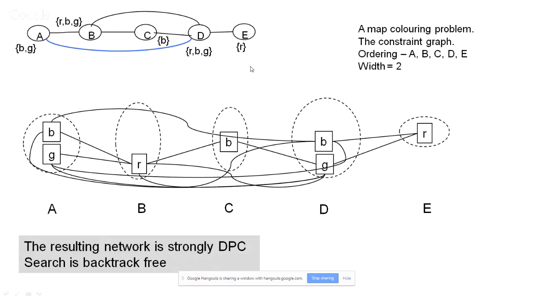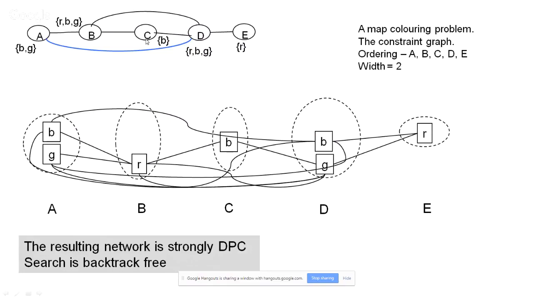So if you look at this constraint graph on the top here, E has only one parent, so you just need to make sure that the domain of D has values which are consistent with E. But D has 3 parents after the induced graph, and therefore you have to ensure 4 consistency, which means that you must be able to give any values to A, B, and C, and you will find a value for D.